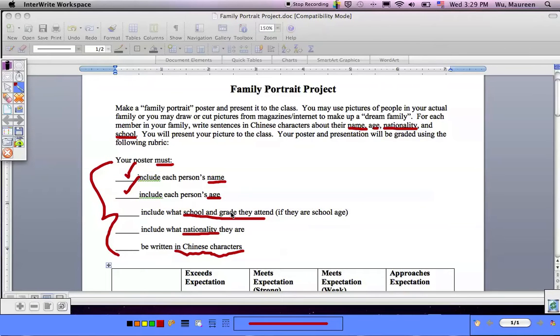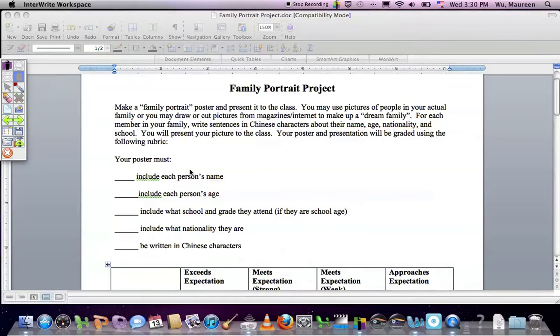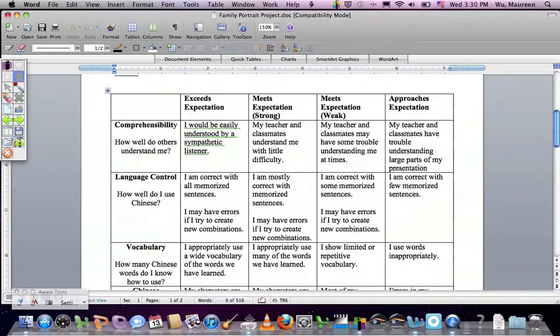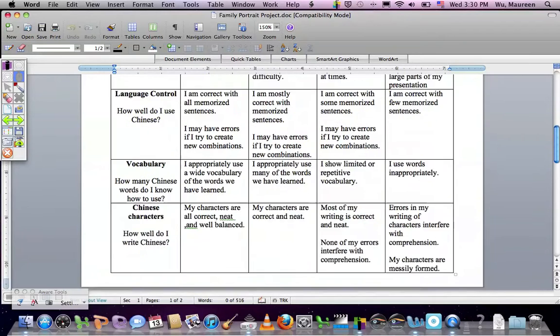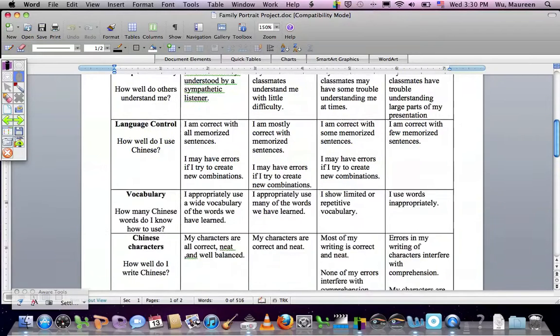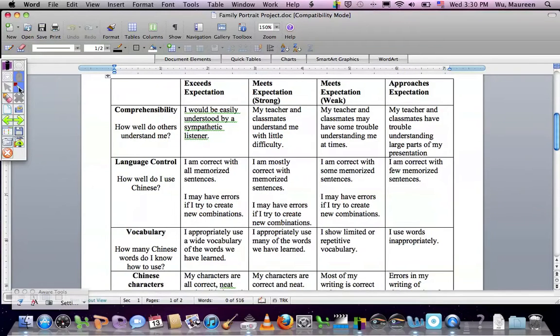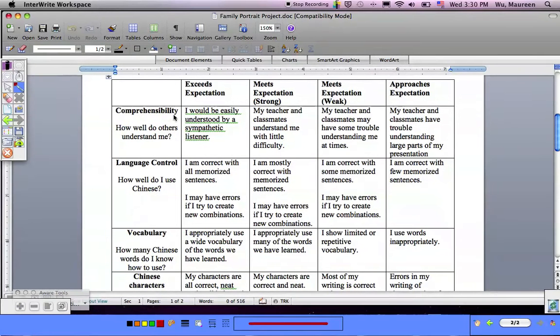Okay, let's take a look at how the project is going to be graded. I am grading you on 5 categories. Number 1 is comprehensibility, and that's how well do others understand me.